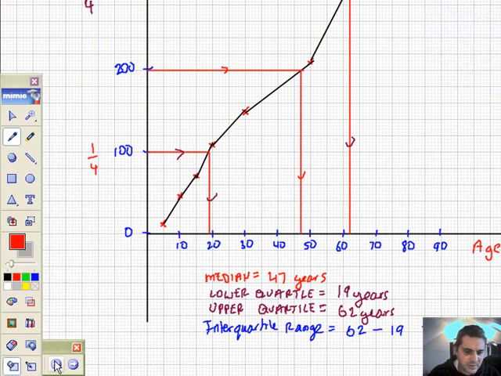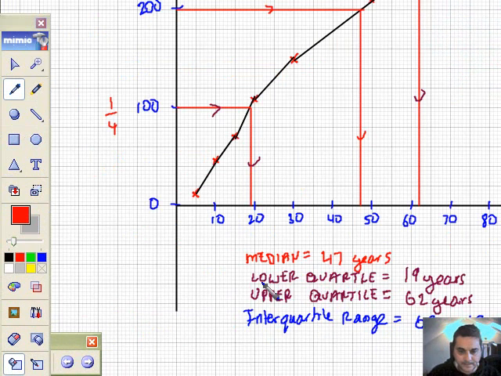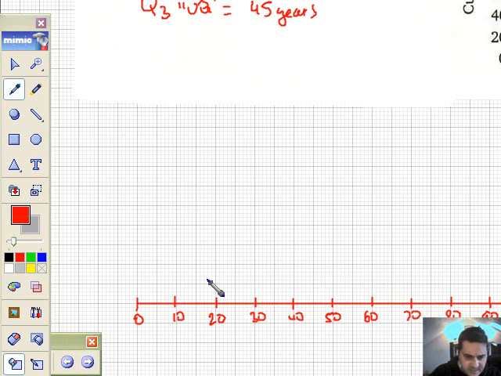Now let's put the data first for the passengers on the train. The lower quartile is 19. So 19 is going to be, let's try and change colour here, approximately there. Again, very difficult to draw. In fact, let's use a straight line facility. Might help a lot.